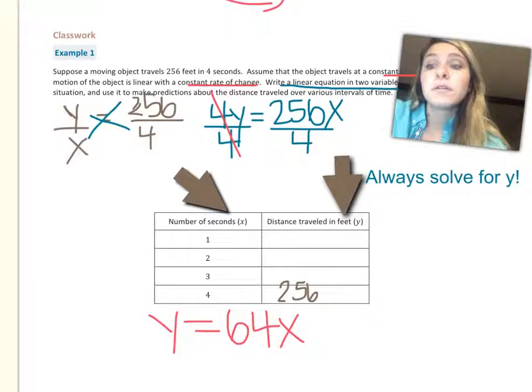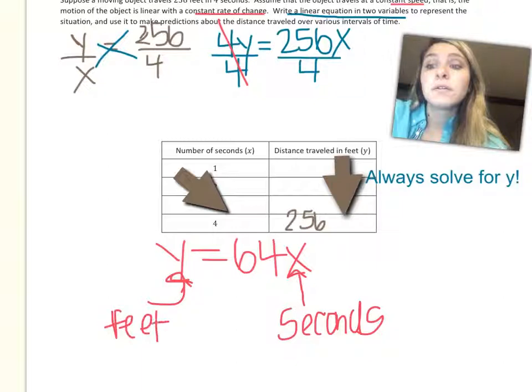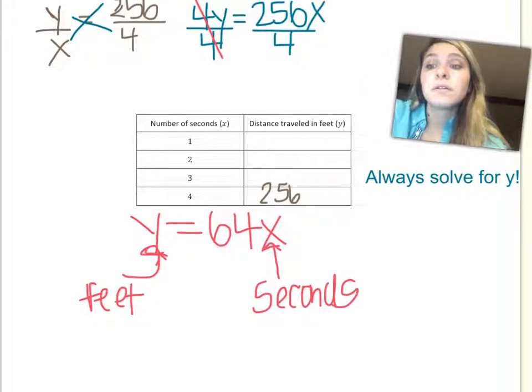So remember, in this question, x represents my seconds, and y represents my distance, or my feet. So now I'm just going to plug in 1 second, 2 seconds, and 3 seconds to find my distance traveled.